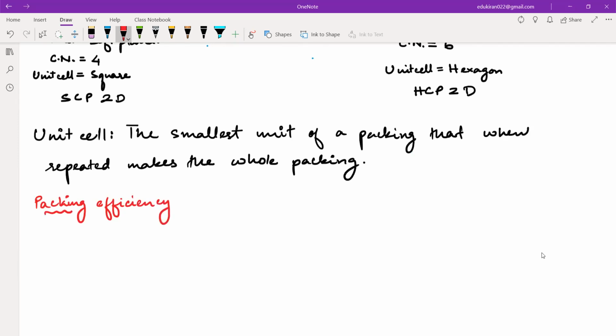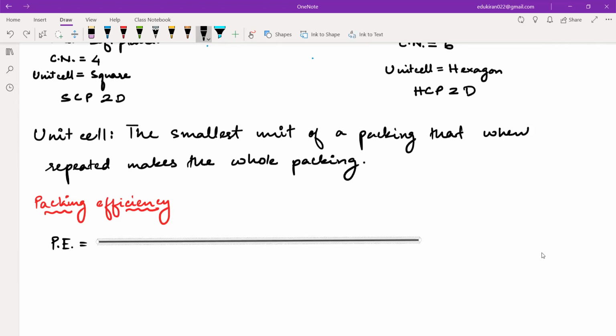Packing efficiency is a concept used to compare which solid is better, used to compare two solids. It is also written as PE. Packing efficiency is very simple. If I have to compare two students, I will compare their marks, right?